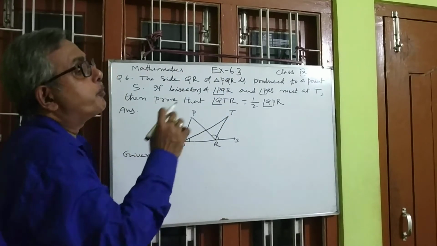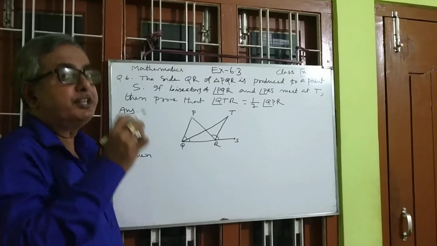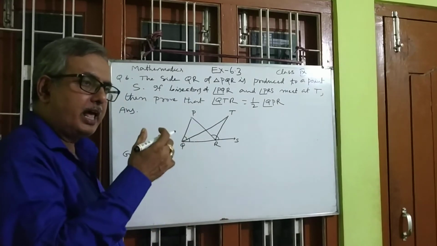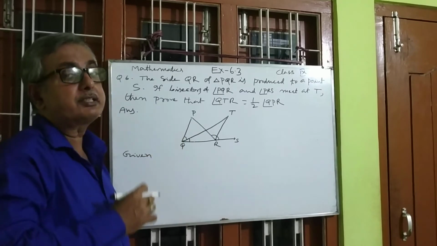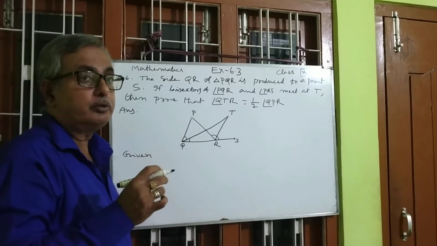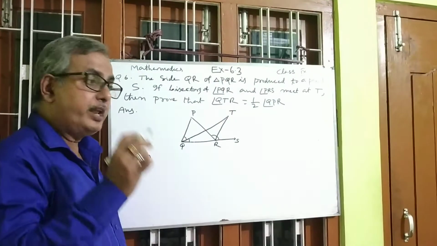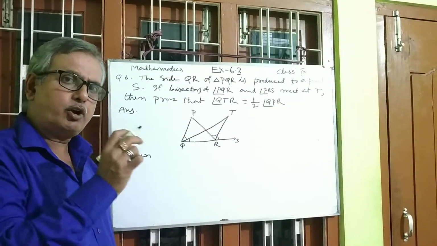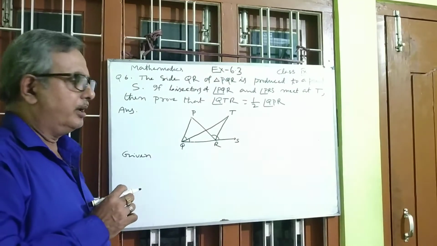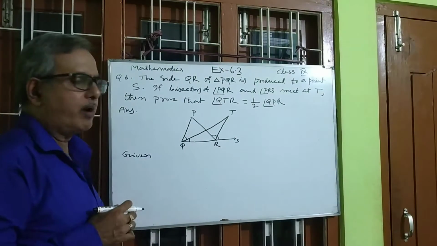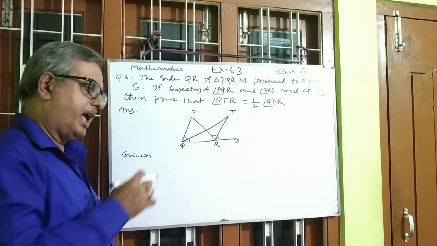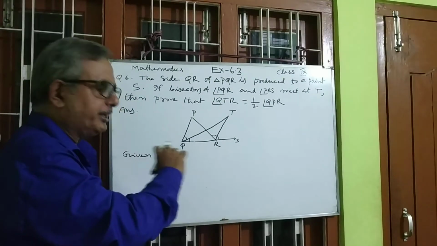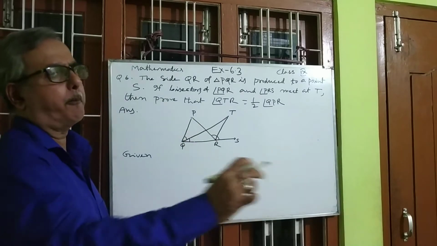After that, to prove. And in the last, you have to write construction also, but construction is not needed always. When you make some modification in the figure, that is called construction. I don't think construction is required in this question. And in the last you write proof, and when the proof is finished, you write hence proved.